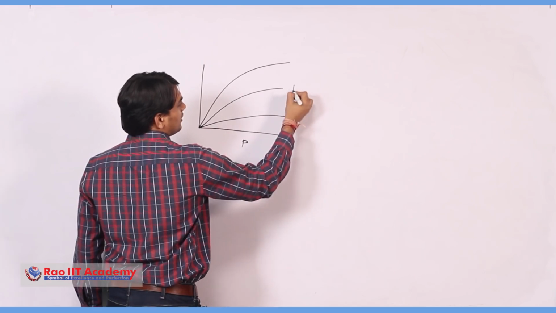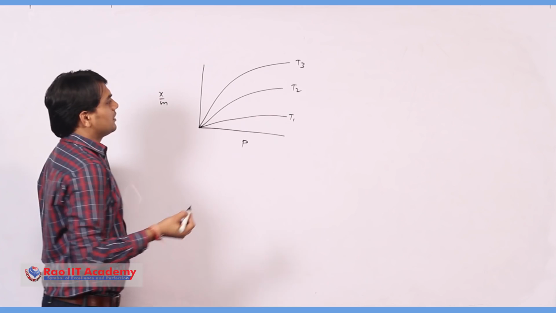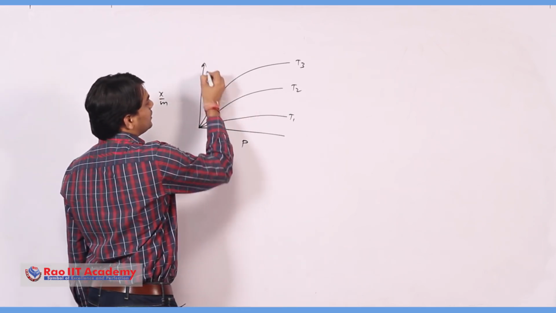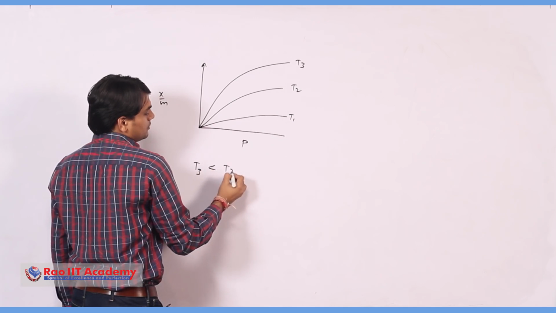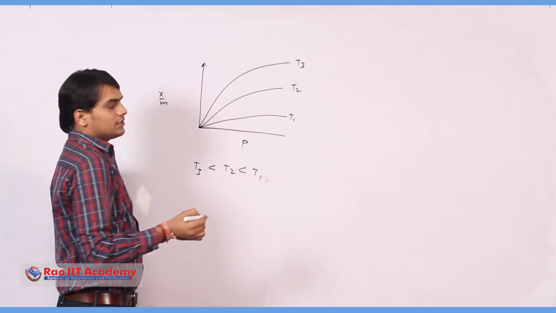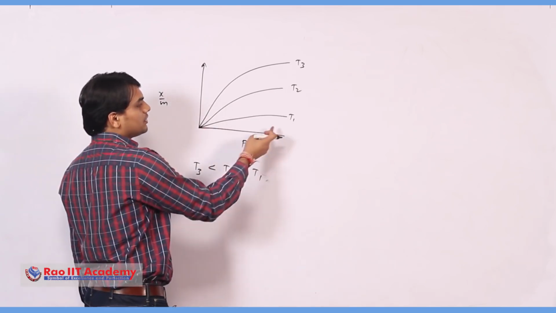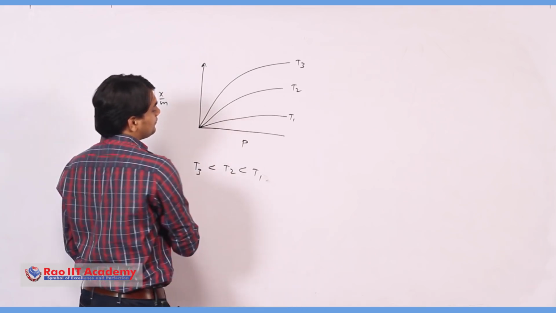If we name them T1, T2, T3, here the extent of adsorption is high, it means this temperature will be low. So, it can be written like this. As temperature increases, the extent of adsorption decreases.